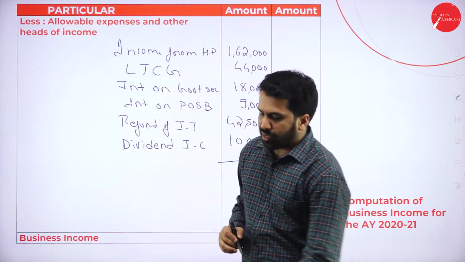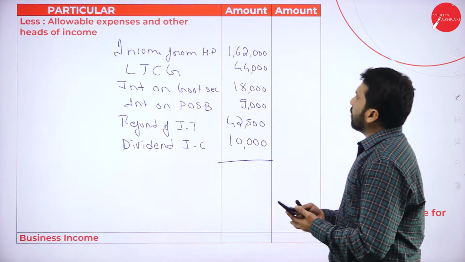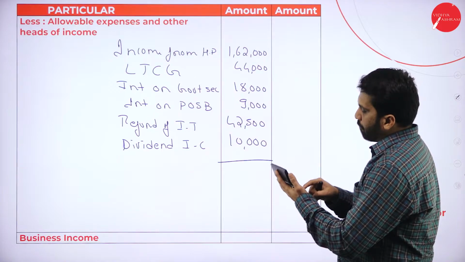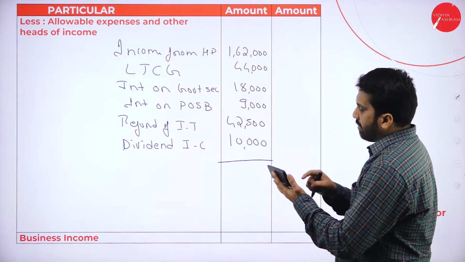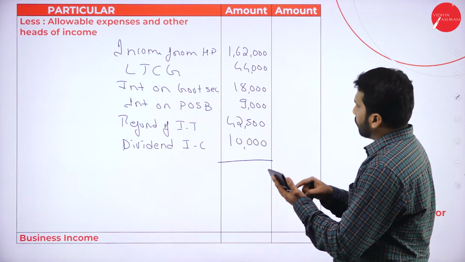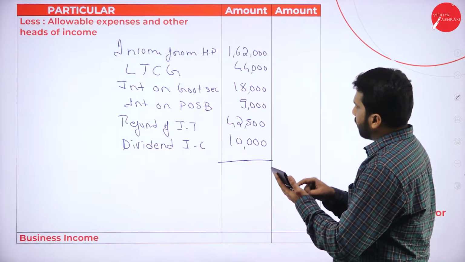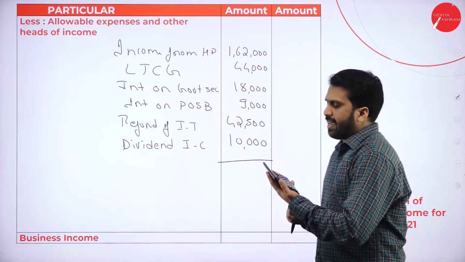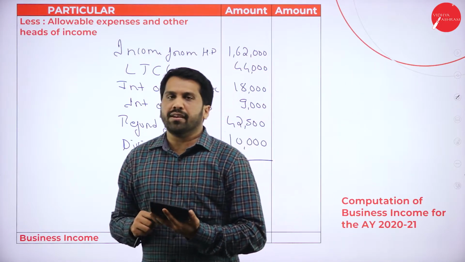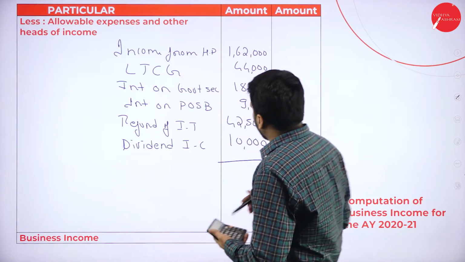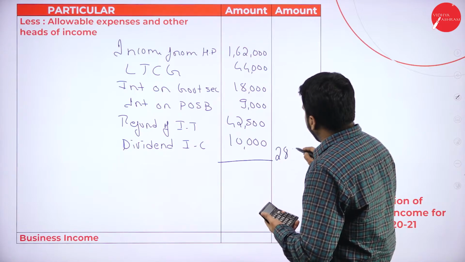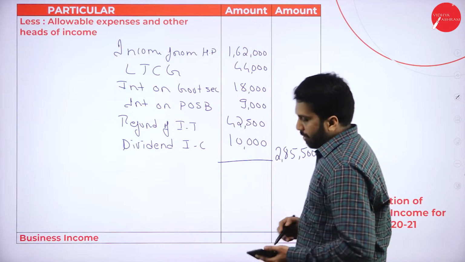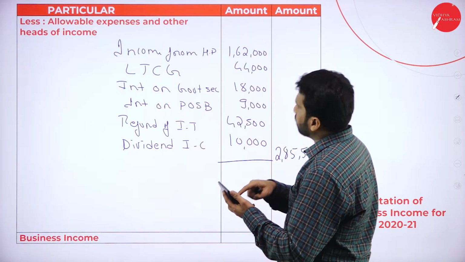We'll go for the total. So what are your allowed items? 1,62,000, 44,000, 18,000, 9,000, 42,500, 10,000. I got around 2,85,500. We'll cross check once.